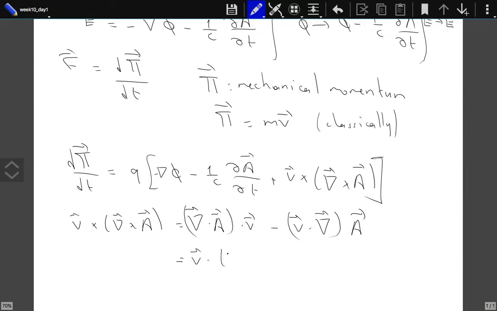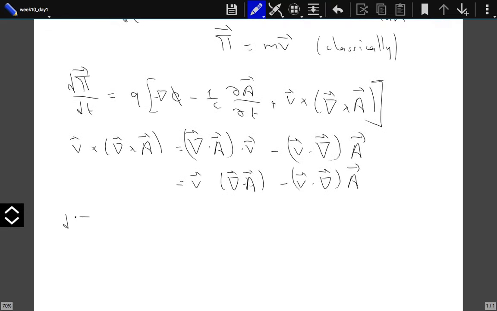Let me write it in this form: v dot the gradient of A. Sorry, v times the gradient of A, minus v dot the gradient acting on A.